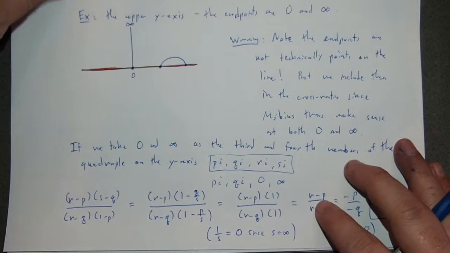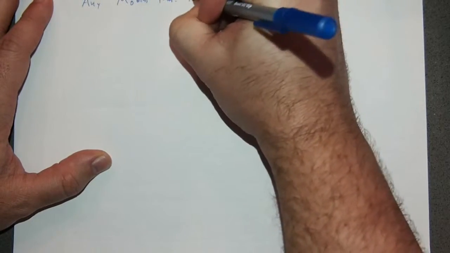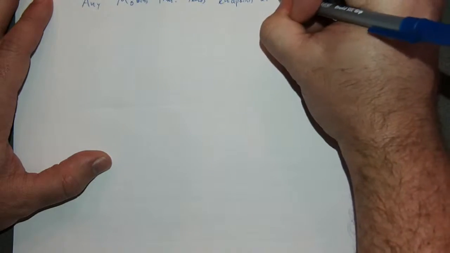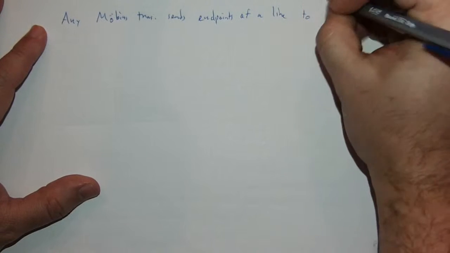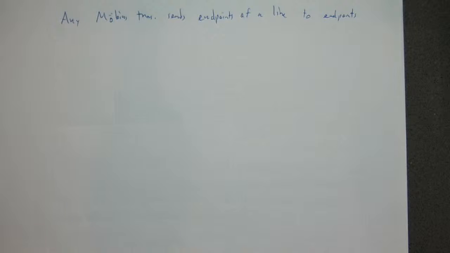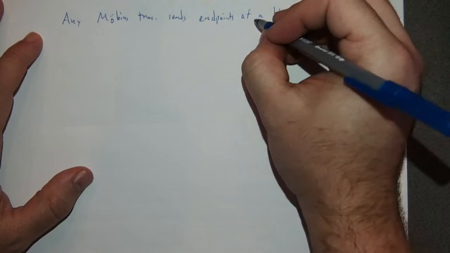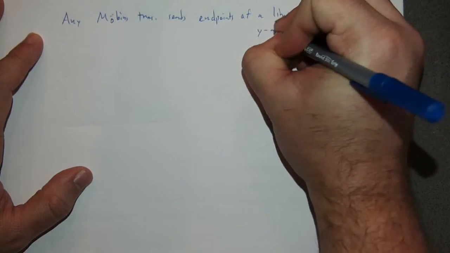And so any Möbius transformation sends endpoints of a line, that's a non-Euclidean line, to endpoints. Maybe I should say, for this specific example, not just any line, but the y-axis.